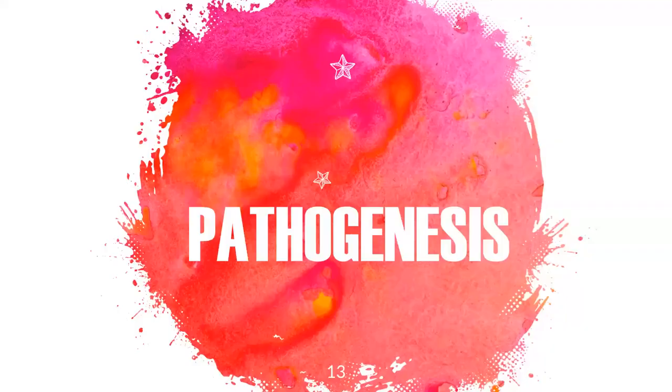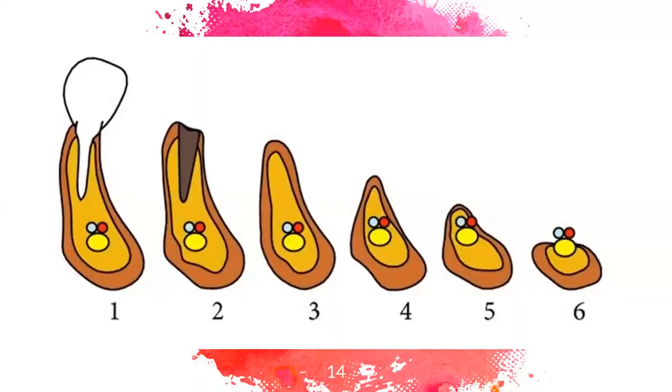Now just take a brief look into the pathogenesis of residual ridge resorption. Immediately following the extraction, which is order 2. Remember, order 1 was pre-extraction, order 2 was post-extraction.